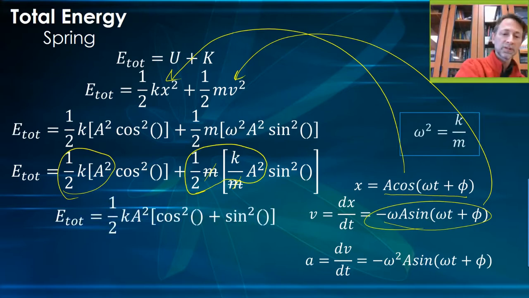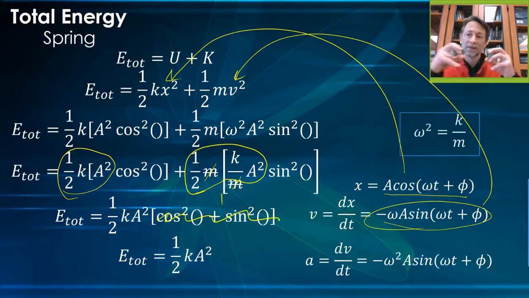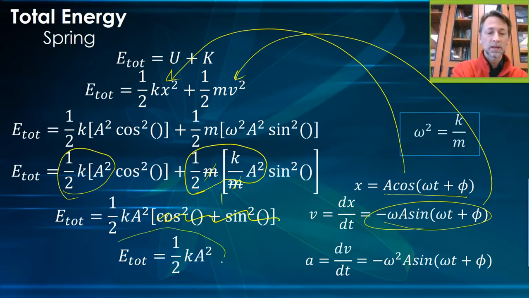I can pull those out and say the cosine squared plus the sine squared. And guess what? There's that same identity that is equal to 1. So all of this goes away and is equal to 1. And I'm left with the total energy is 1/2 ka squared, which would be the spring constant times the amplitude that I pull it back to, whatever that moment is. And that would be the total energy for a spring.